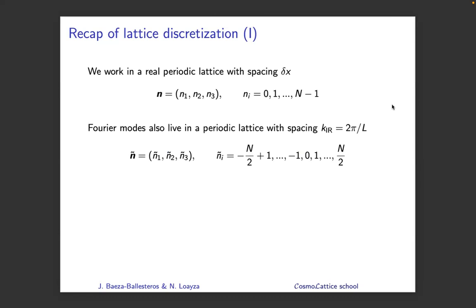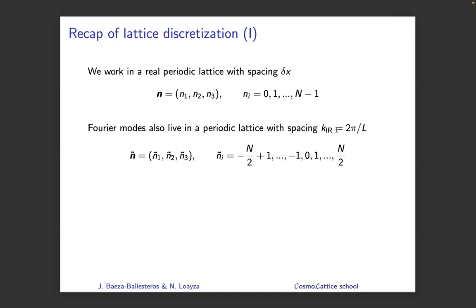If we go to Fourier space, we also get a discrete lattice, but in this case it goes from minus N halves to plus N halves, and the length of the reciprocal lattice is given by this expression.